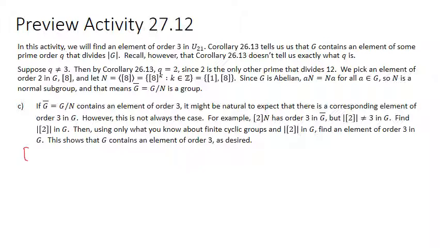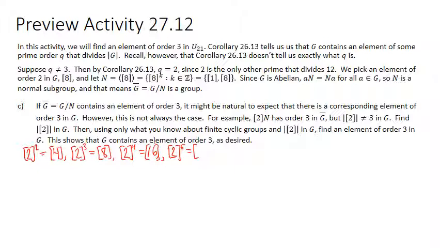All right, so let's think about what are the powers of 2. So the square power is going to be 4, and then if I cube 2, I'm going to get 8, and then if I raise 2 to the 4th, I'm going to get 16, and then if I raise 2 to the 5th, then I'm going to get 32, but 32 is not actually an element of Z21.